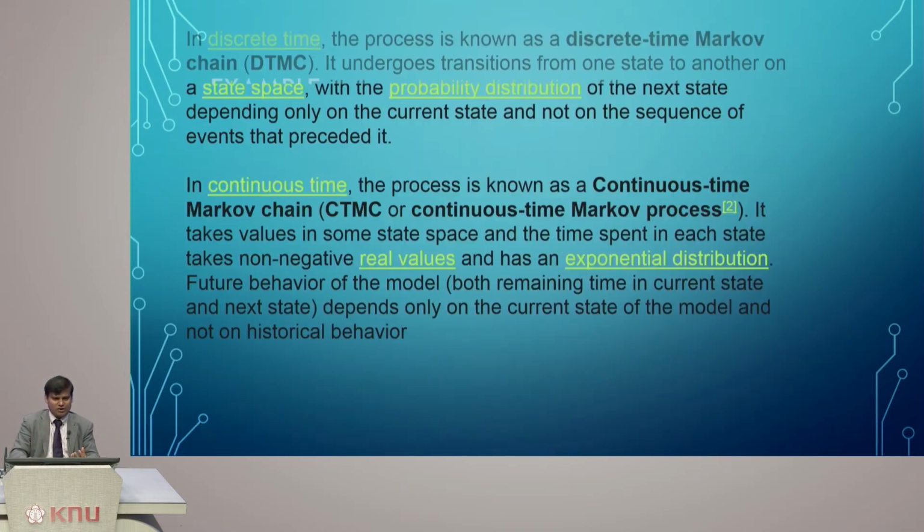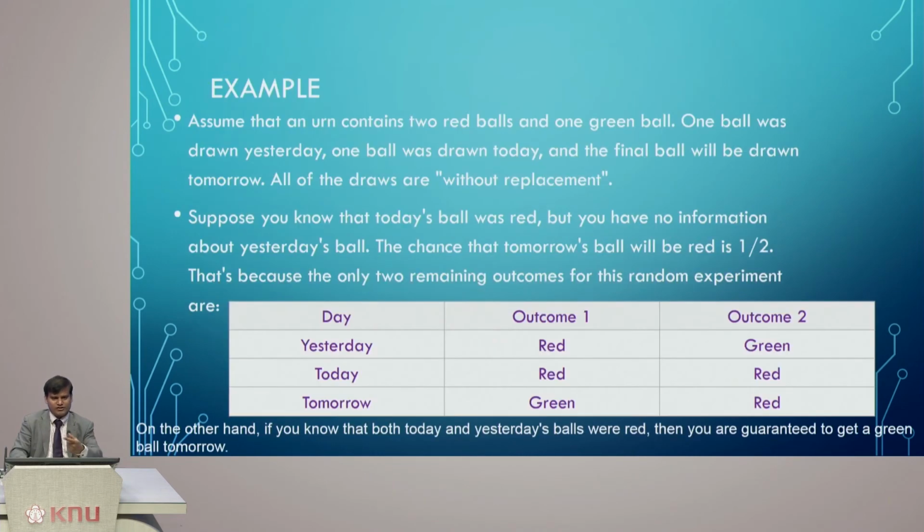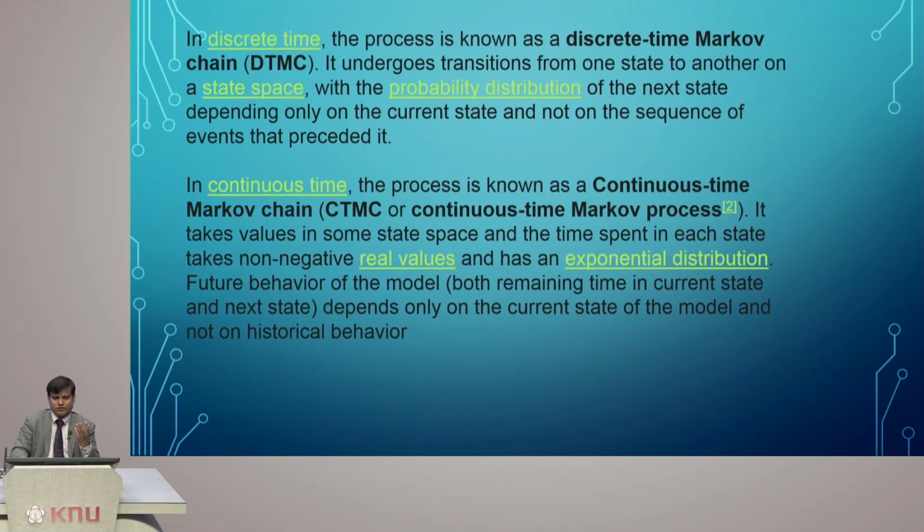So that's the basic thought, and with this basic thought you can see how this whole Markov process can be developed. Before we move on to the Markov chain process, I just want to highlight 2 more pieces of information. The Markov chain can be processed in discrete time or in continuous time.